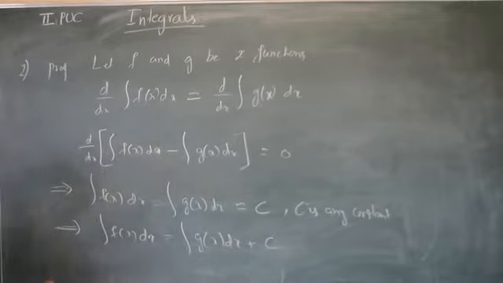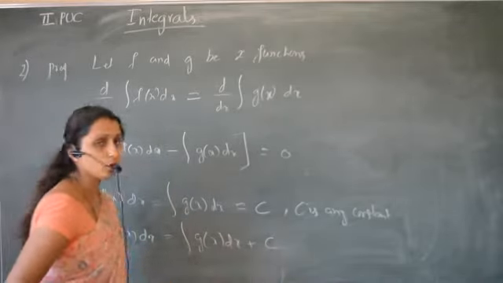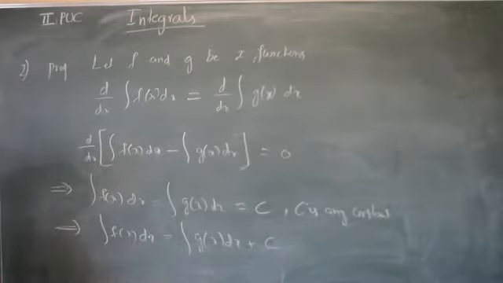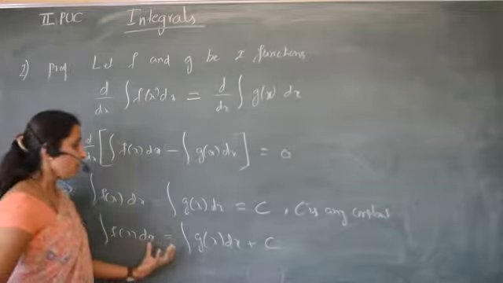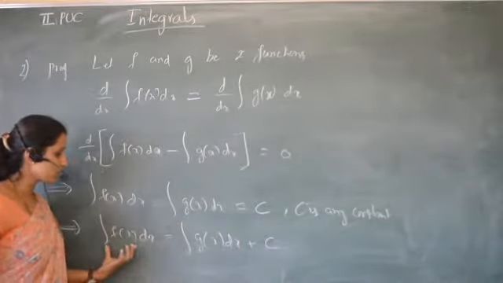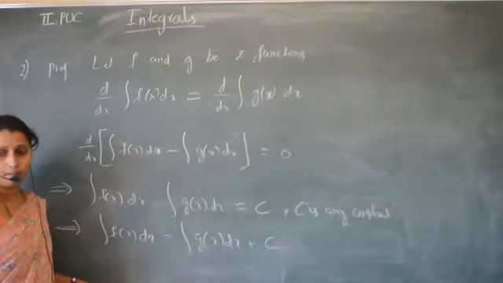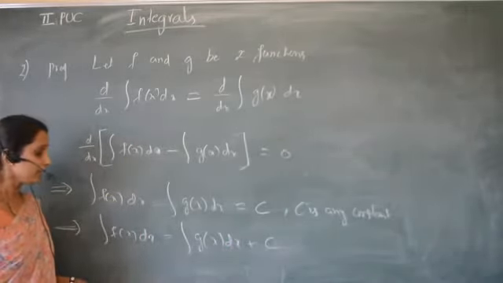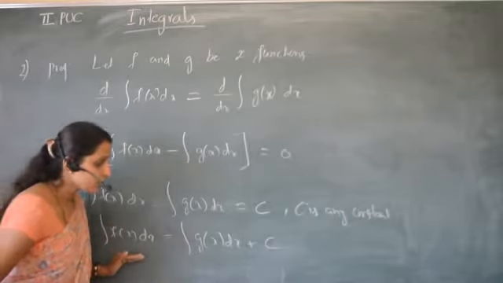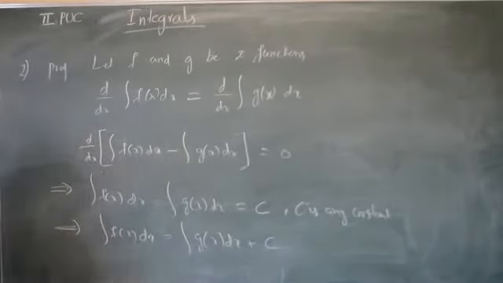So the integral of f of x dx plus C1 gives one family, and this is another family. So these two families are equivalent, these two families are equal, and they have the same set of curves.